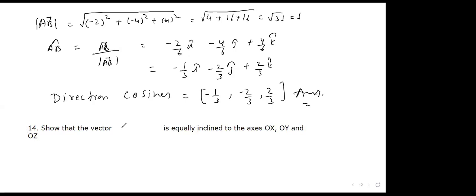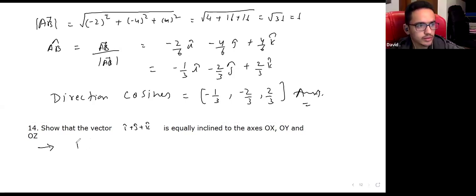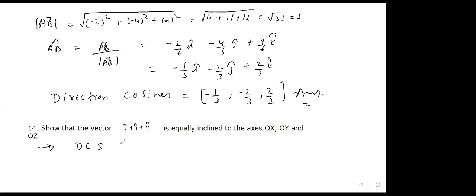Show that the vector i cap plus j cap plus k cap is equally inclined to the axes OX, OY, OZ. Equally inclined means their direction cosines must be equal.